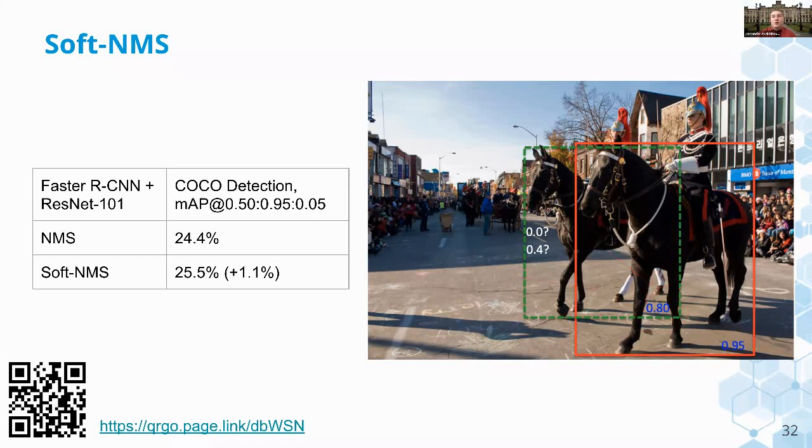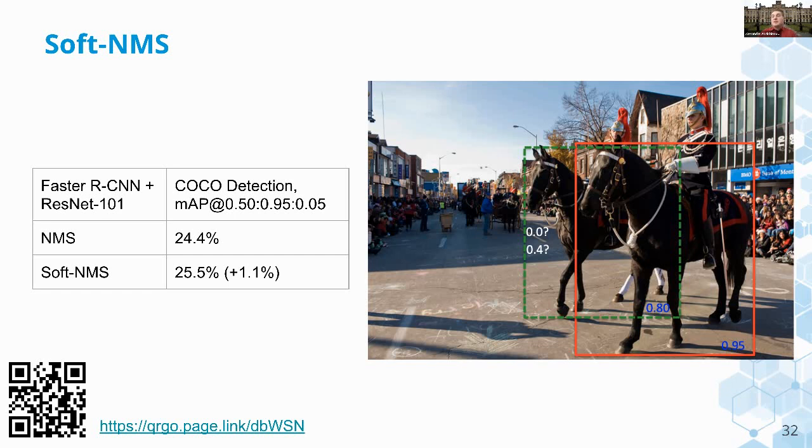But as we all understand, this is a pretty good detection. And if we find some way to not remove this prediction, but to reduce the score of this prediction, we may come up with a much better post-processing algorithm.